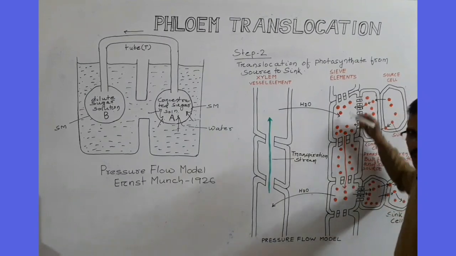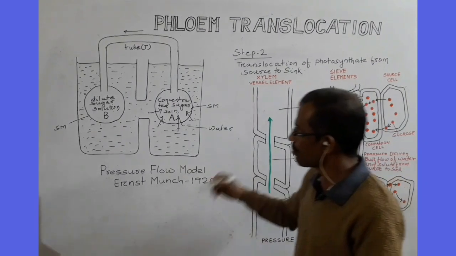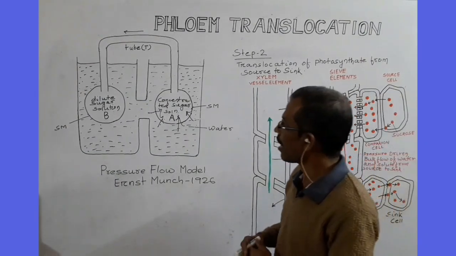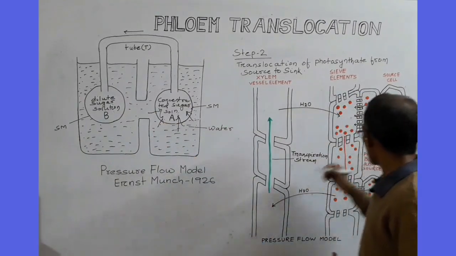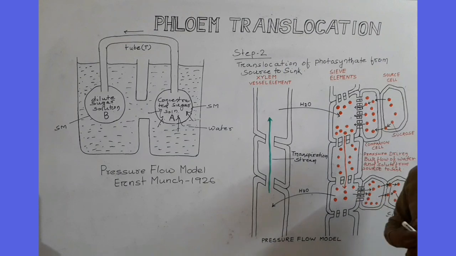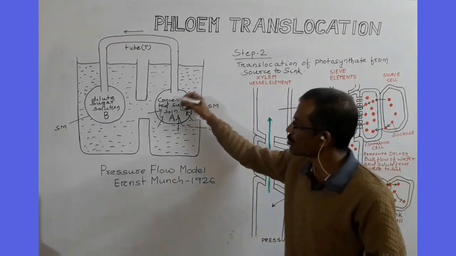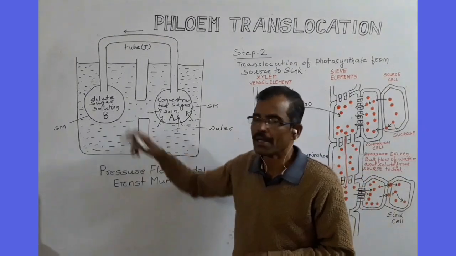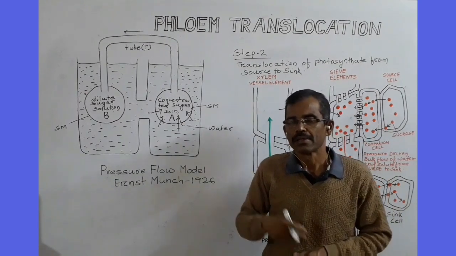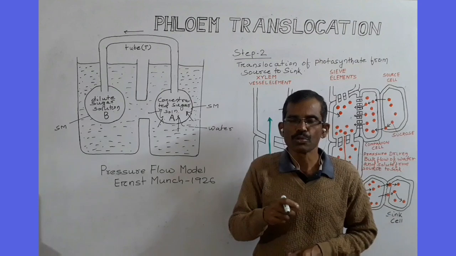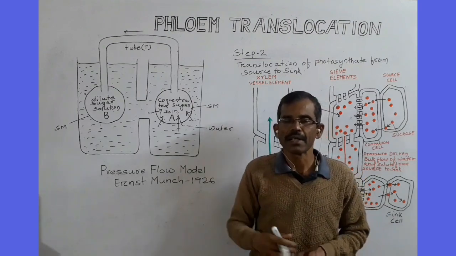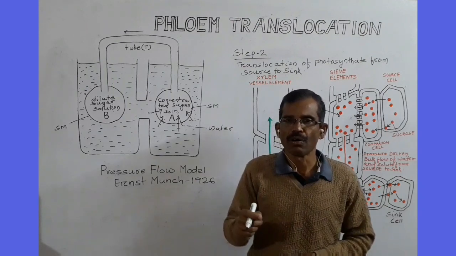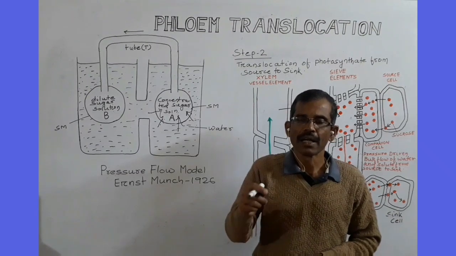In plant, the sieve tube through which the translocation process occurs is comparable to the tube T. The xylem and the surrounding apoplast is similar to the water bath, and the source cells that include mesophyll cells where photosynthesis takes place is comparable to the osmometer A, and the sink organ, that is the root, is comparable to the osmometer B. So according to pressure flow hypothesis, the translocation of photosynthate from source to the sink is driven by an osmotically generated pressure gradient between the source and the sink, and this pressure gradient is the consequence of phloem loading at the source and unloading at the sink.